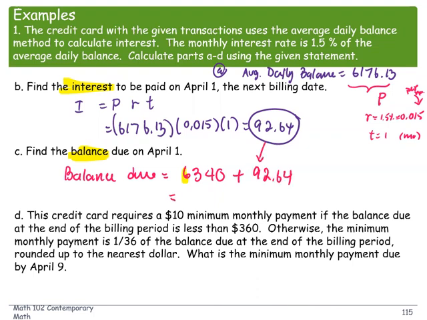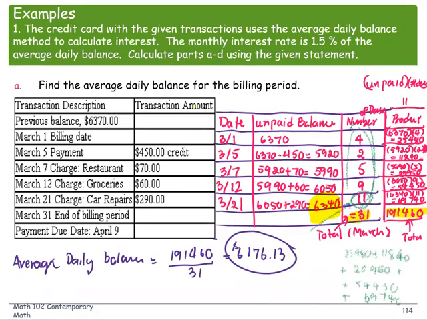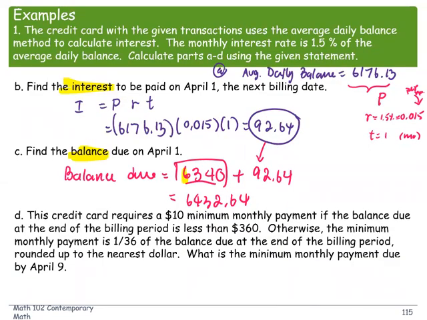And then the balance due would be 6432.64. We use this number because this is the current number shown on the table, which is the last transaction, whereas 6176 is the average value. So to find the balance due, we use the amount at the current transaction.